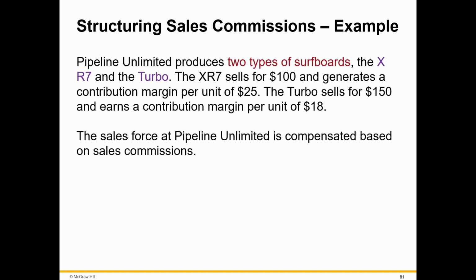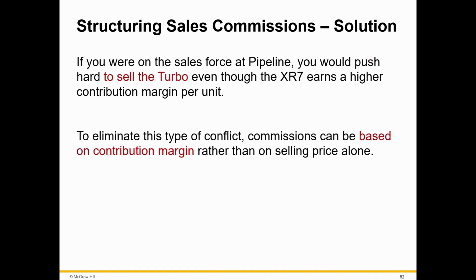Pipeline Unlimited produces two types of surfboards, the XR7 and the Turbo. The XR7 sells for $100 and generates a contribution margin of $25. The Turbo sells for $150 and it earns a contribution margin per unit of 18. The sales force at Pipeline Unlimited is compensated based on sales commissions.